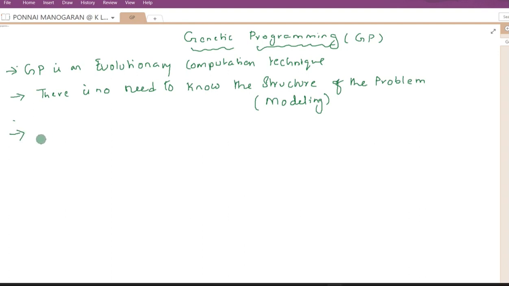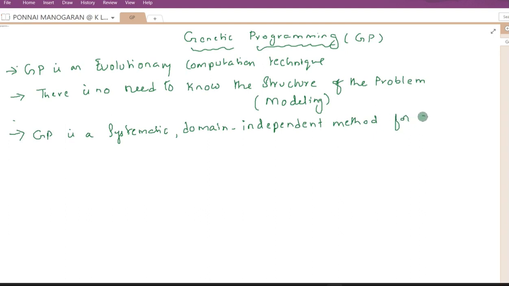Okay. So, in fact, GP is a systematic, domain independent method. It is not dependent on any particular domain. It is domain independent for getting computers to solve problems automatically.